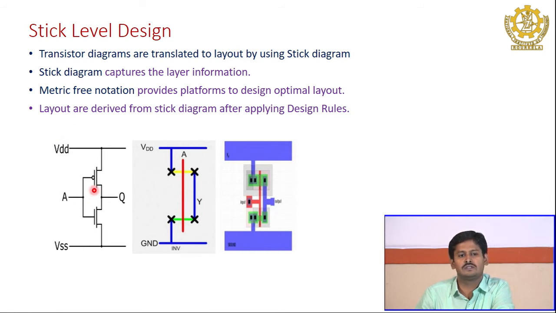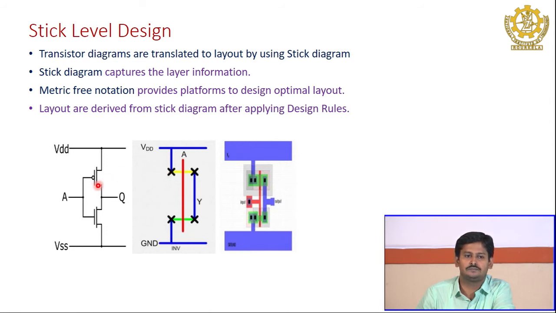Now this inverter I will replace by sticks. Here all sticks represent certain layer information. Yellow represents PMOS. The rule says that when a P diffusion crosses a poly, one PMOS will be formed. When N diffusion crosses a poly, one NMOS will be formed.